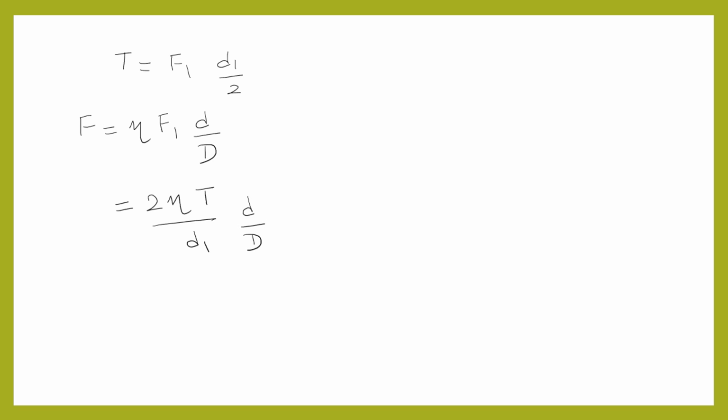So we have T equal to F1 D1 by 2, and the tractive effort on the driving wheel is given by F equal to eta F1 D by D, which is equal to 2 eta T by D1 into D by D, that is equal to 2 eta T by D into D by D1.